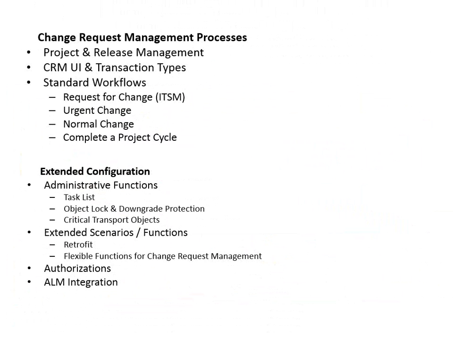This will be covered, and extended configuration like administration tasks. We have to create the task list and maintenance cycle. We have to support the maintenance cycle and task list for every release. These are the administration tasks, and the object lock and downgrade protection in production, this functionality to enable.